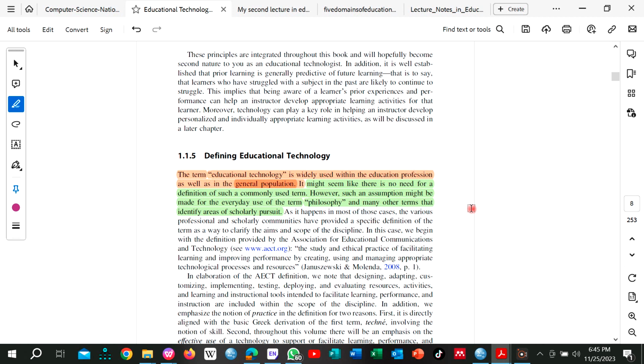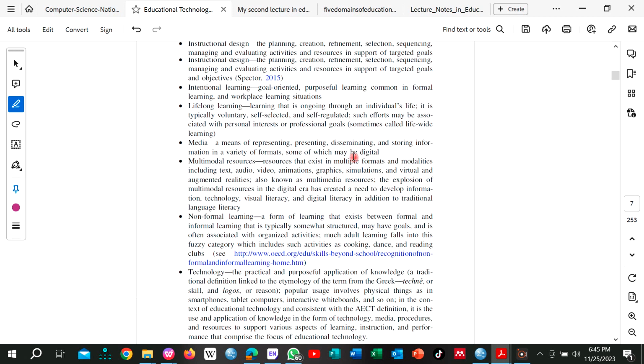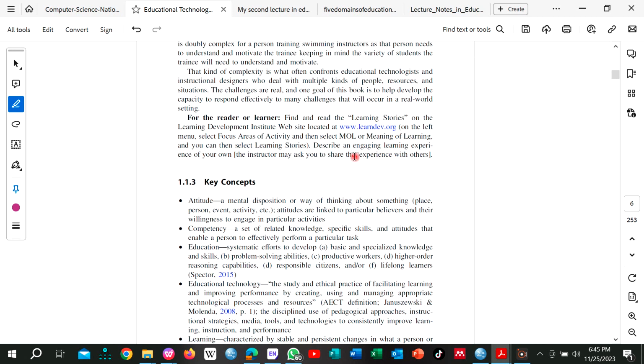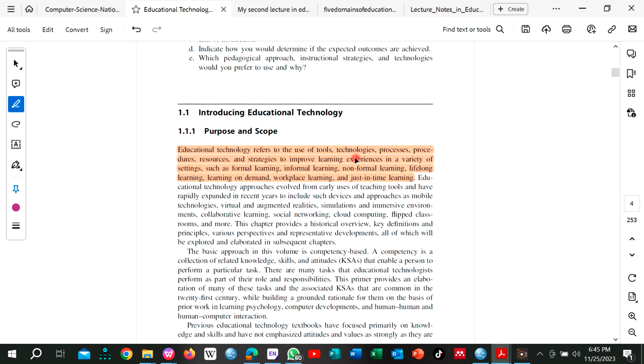So we have everyday use of technologies that may not necessarily even be educational. So you see that it goes beyond the scope.